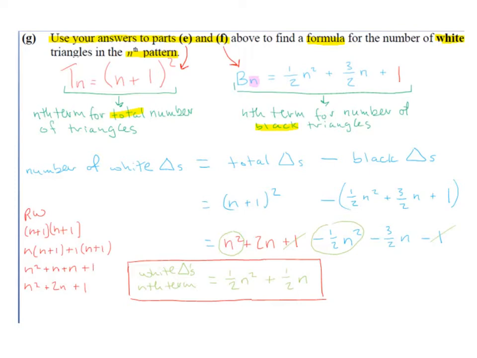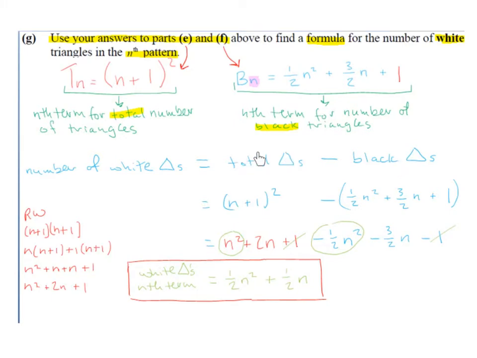Now we know that if we add together the black and the white triangles, we get the total number of triangles. So we can reword that and say, well, the number of white triangles is the total number of triangles minus the number of black triangles. So if the white triangles plus the black triangles give us the total number of triangles, then the white triangles is therefore equal to the total number of triangles minus the number of black triangles.